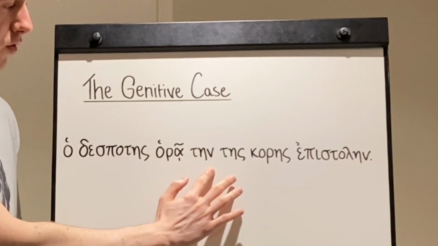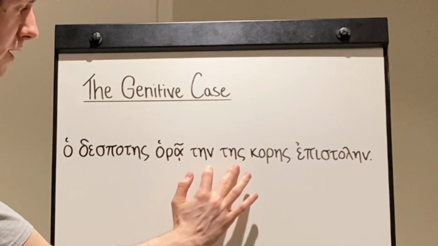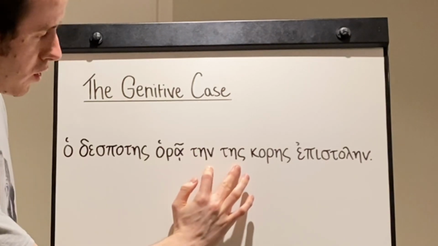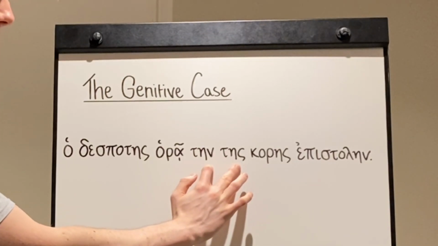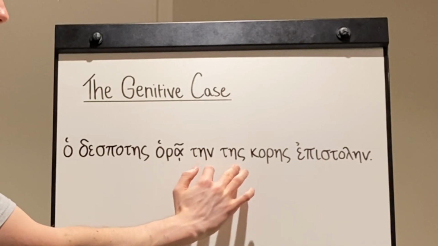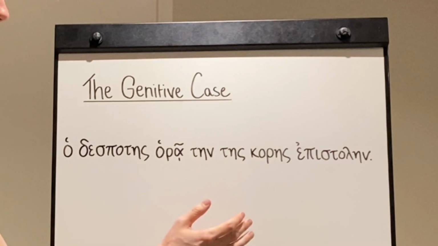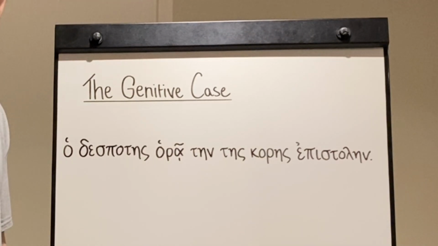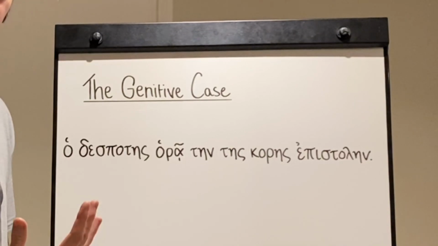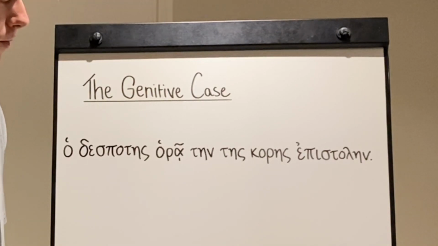form of the definite article, and next to it we've got tēs. But we have not got any repeated definite article, and therefore we know that this must be a genitive sandwich. The sandwich construction is being used to deploy a genitive phrase here.